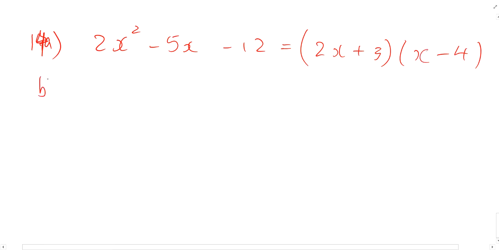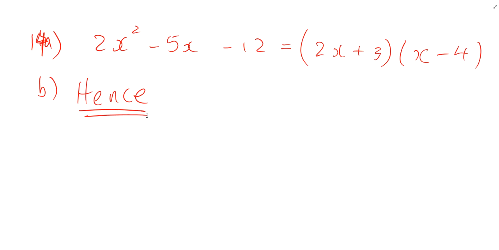Then in part B, they say hence. Can you go and highlight the word hence in your textbook so that every time you do this question again, you will be reminded by it. Hence is a very important word. It gives you a clue on how to do part B. They are already giving you hints. It is related to part A.